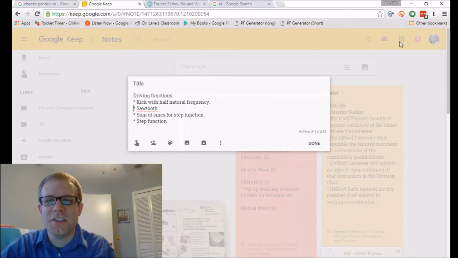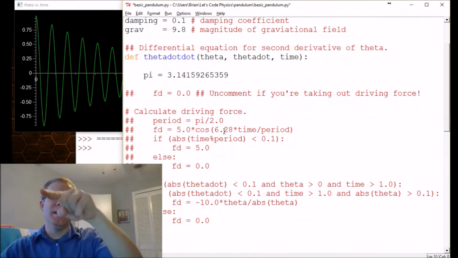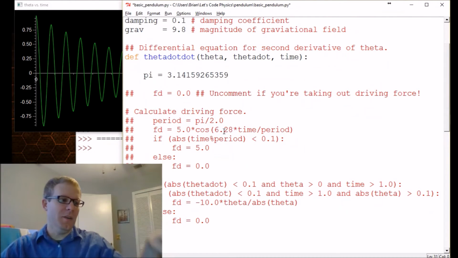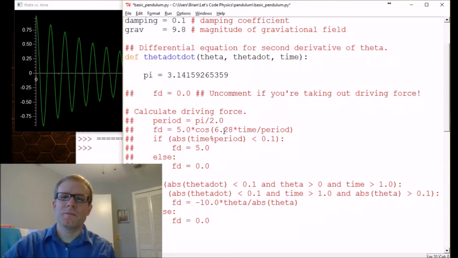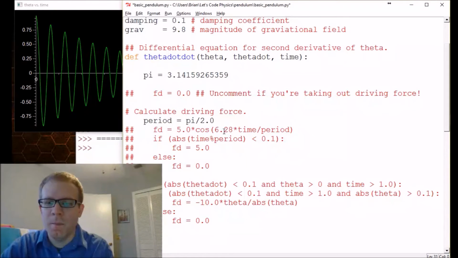Let's try the Sawtooth function. So the Sawtooth function is interesting. This is where you've got this linear function going like this. So let's say we take our period to be pi over 2 again. Yeah, let's take that one.